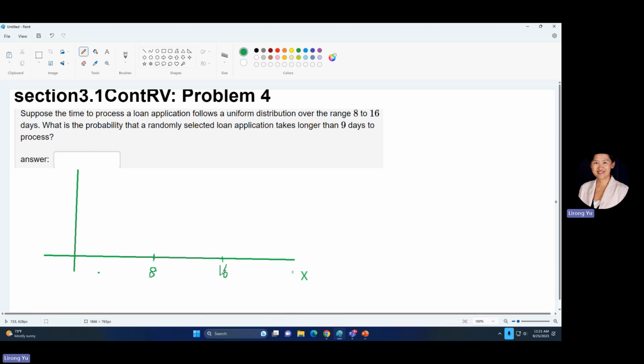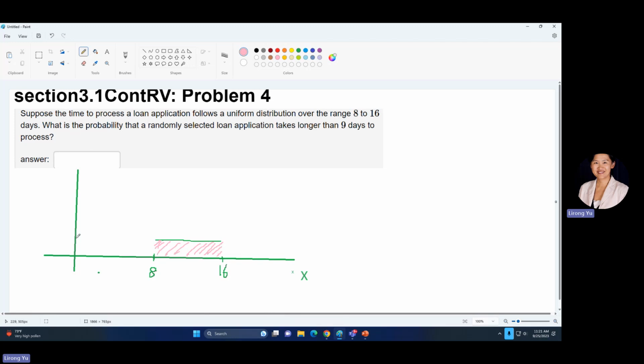So suppose you're trying to determine the height here. This height has to make the entire area below this line between 8 to 16, this rectangle I'm drawing, equal to 1. Area equal to 1 means that's the total probability of 1.